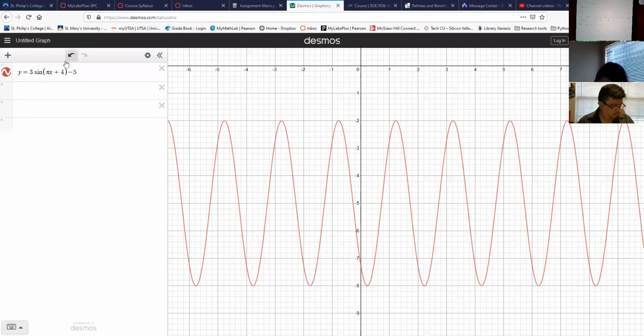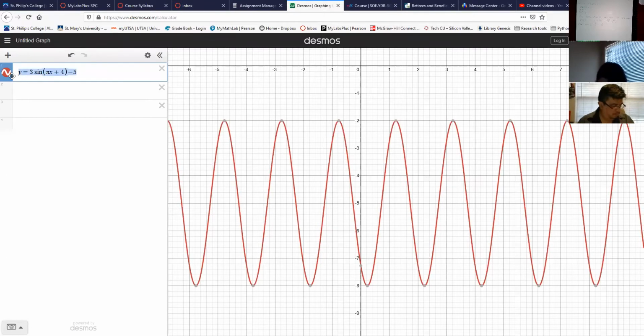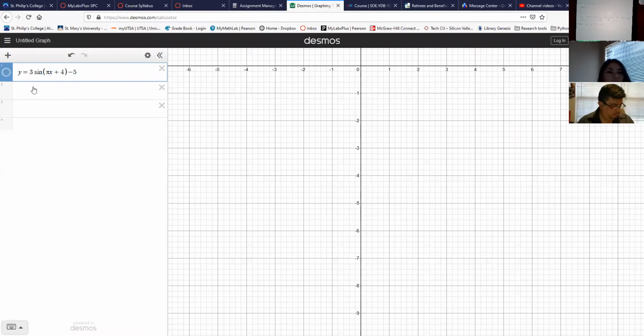Y equals 3 sine of pi x plus 4, minus 5. Okay. Let's take this piece at a time, right? So I'm going to block that out for now. So real quick, go piece by piece.